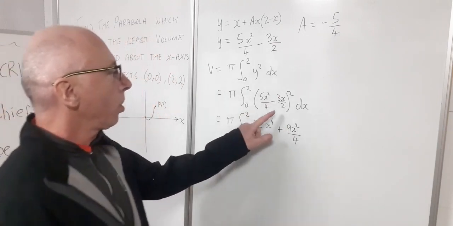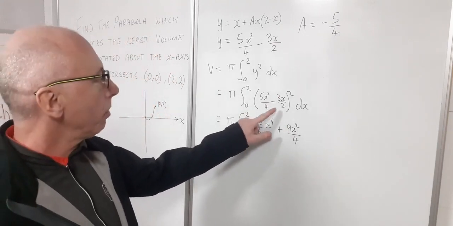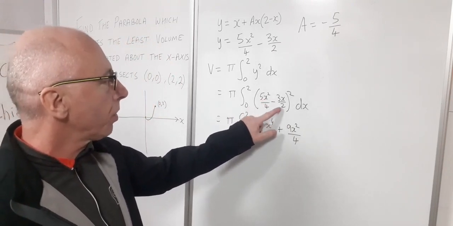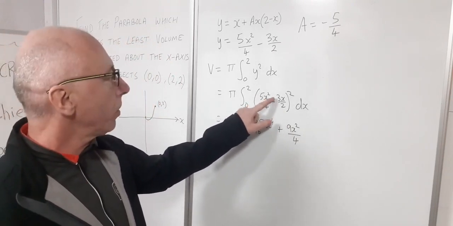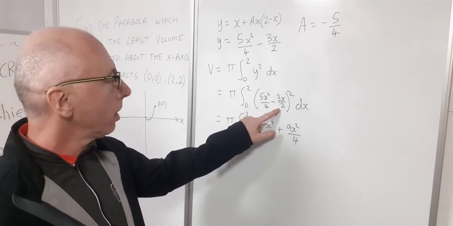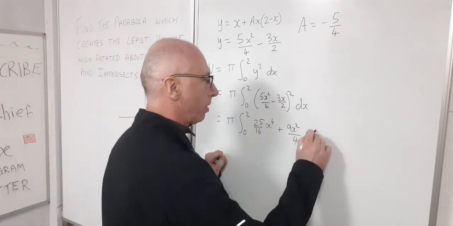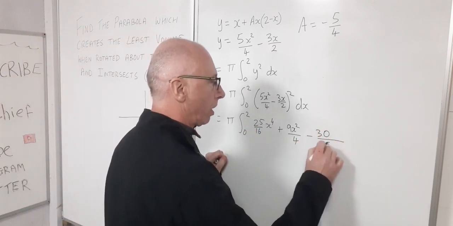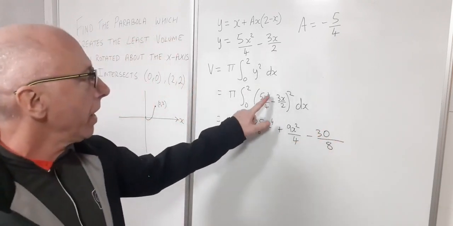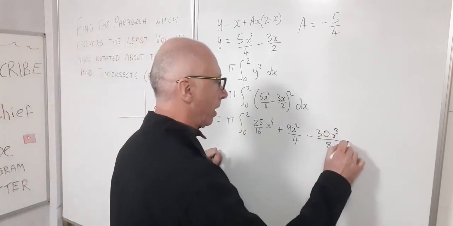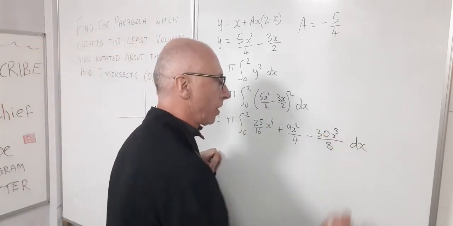Okay, so now we need two lots of this one multiplied by this one. So 5 over 4 times 3 over 2, that's going to give us 15 over 8. So twice, that will give us 30 over 8. So minus 30 over 8. And then x squared times x is x cubed. Okay, and then that's all with regards to x.